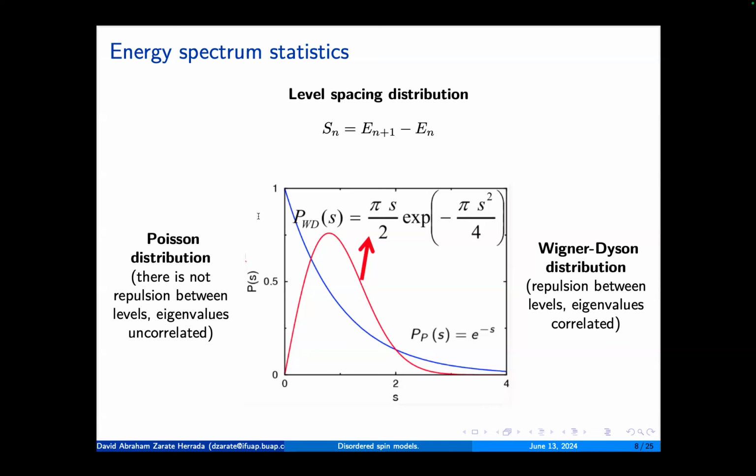But if the level spacing matches the Wigner-Dyson distribution, that means we have repulsion between levels, and the system has correlated eigenvalues.